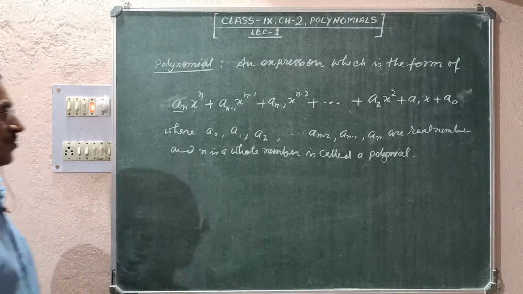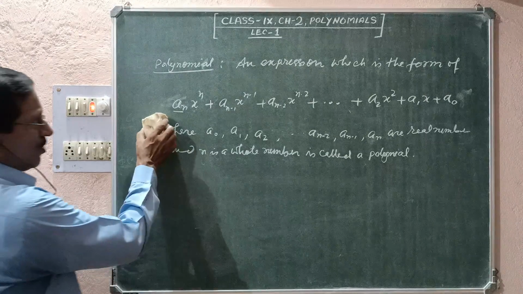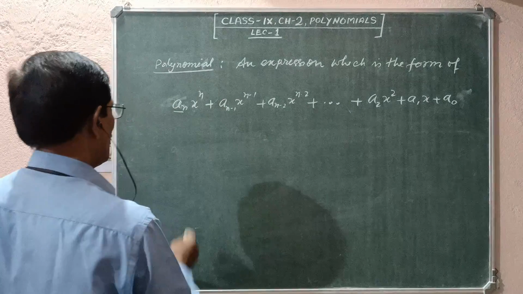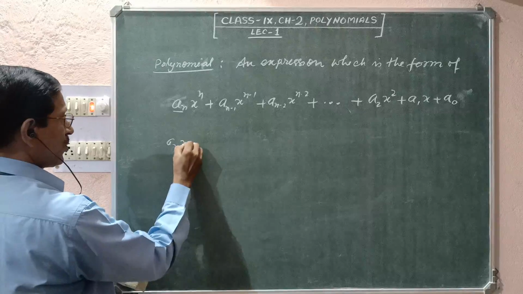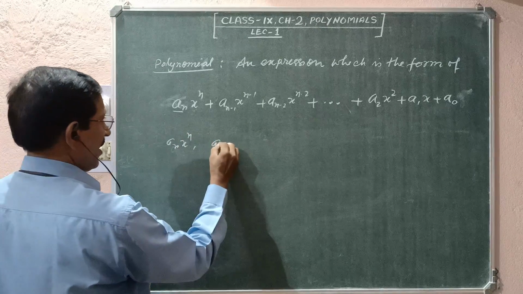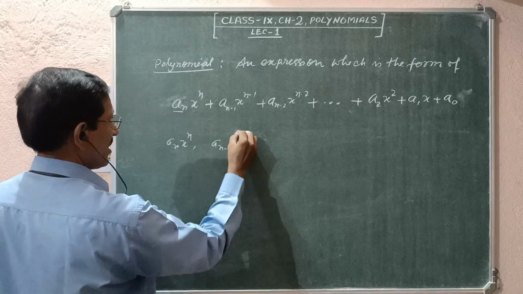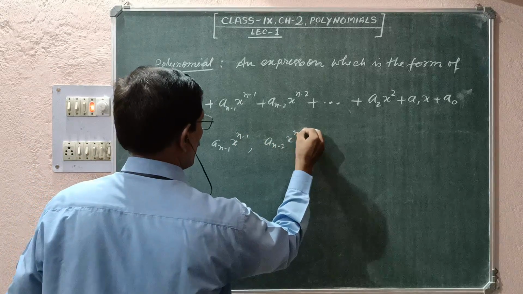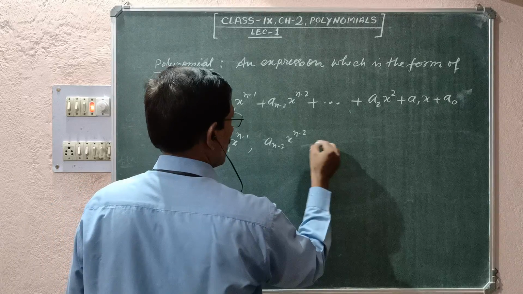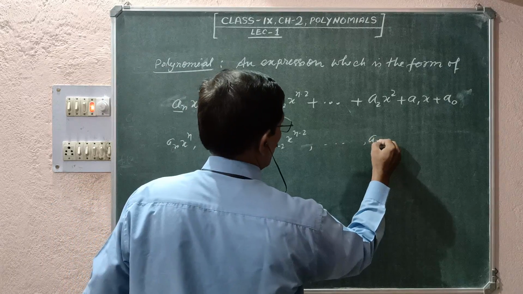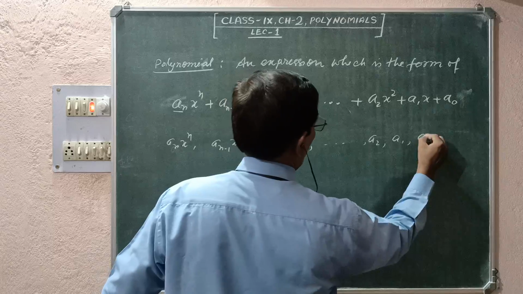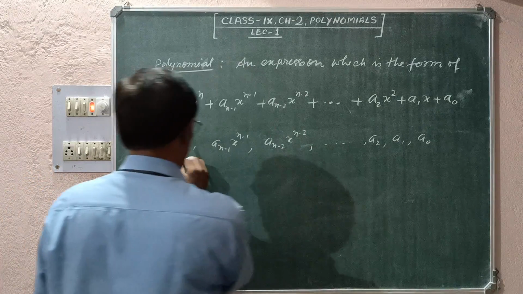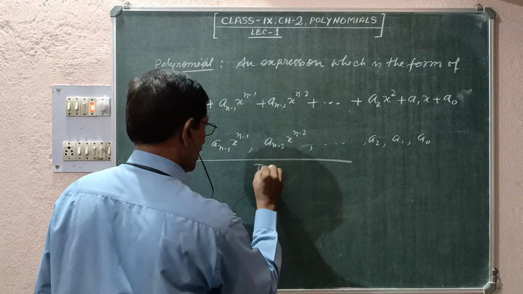Now I want to explain some more things. In this, you are knowing a n x to the power n, a n minus 1 x n minus 1, a n minus 2 x n minus 2, a2, a1 and a0 are known as terms. These are all known as terms.